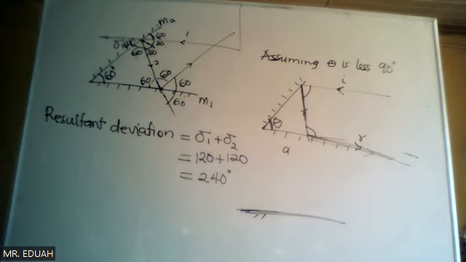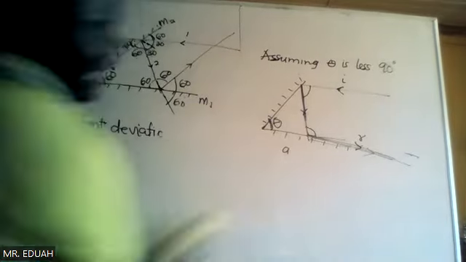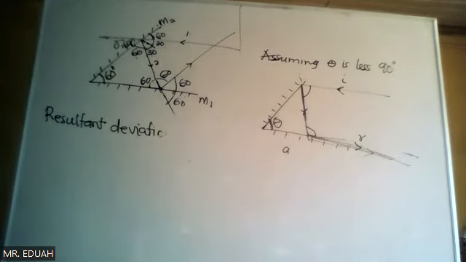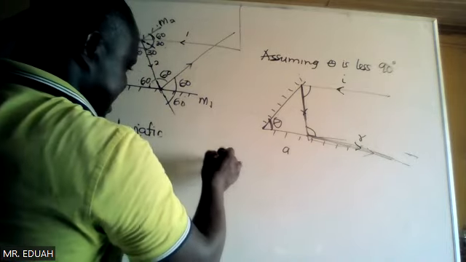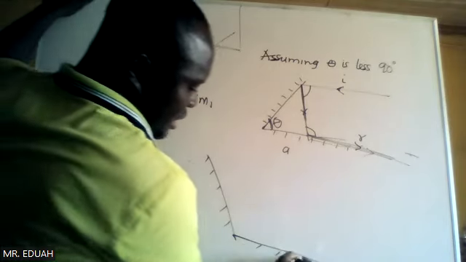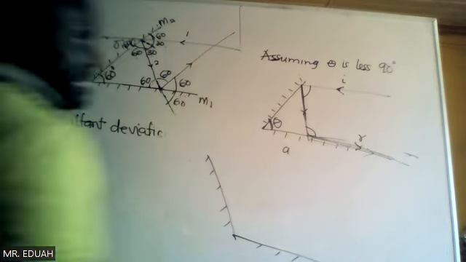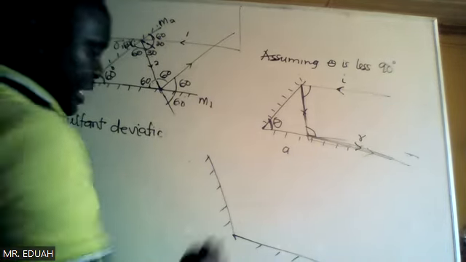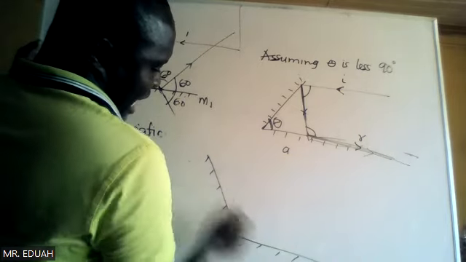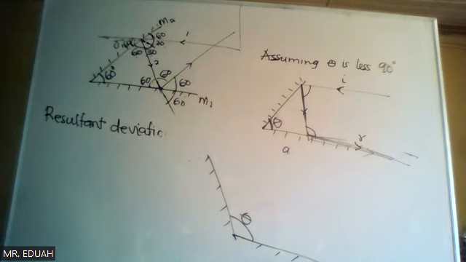Another argument we can advance is that if the angle is obtuse, greater than 90, the mirrors are positioned in such a way that they have an obtuse angle between them.